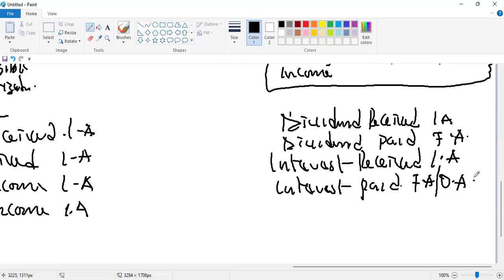Those who say it's financing argue that a loan is a typical financing borrowing, so interest paid on our borrowing should go to financing. Some say no, why do I borrow?